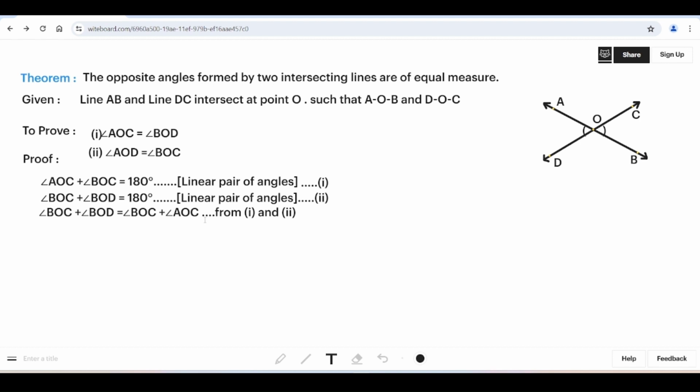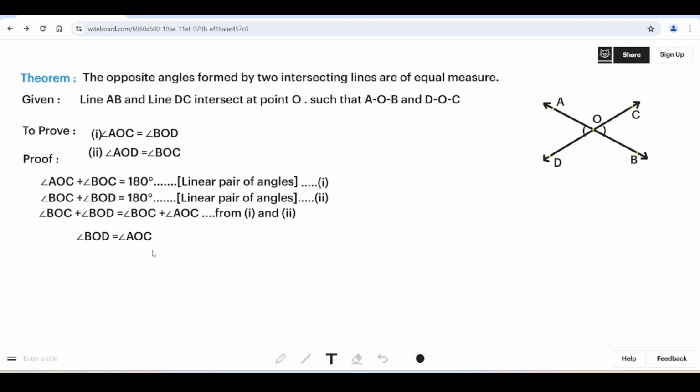Now you can see that both sides have angle BOC. So if we take it towards the left hand side, it will automatically be minus each other. So we can cancel it and we can write angle BOD is equal to angle AOC.